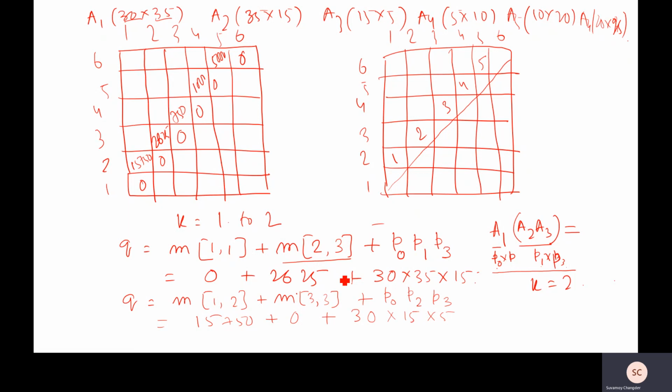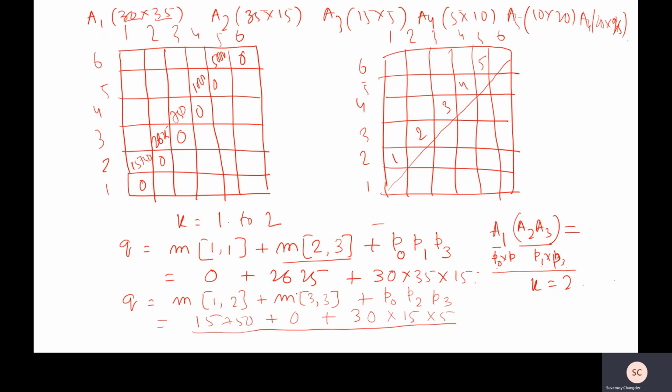Now we have to choose the minimum among these two. Easily we can find this, and if you compare these two values, you will get that this value is 7875. So from the first one we are getting it, because the other is larger than this one.